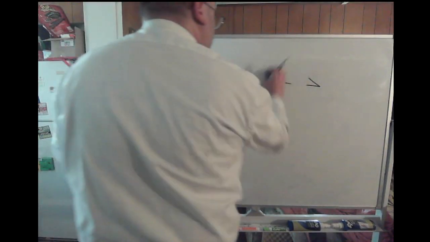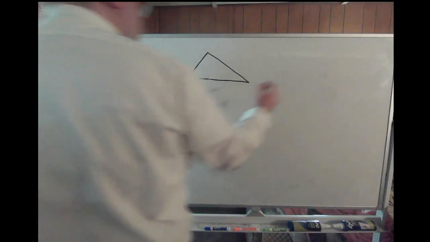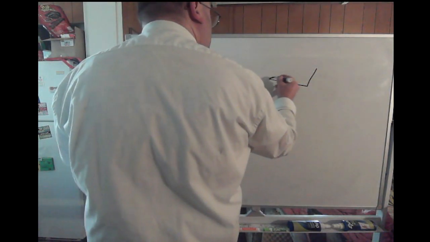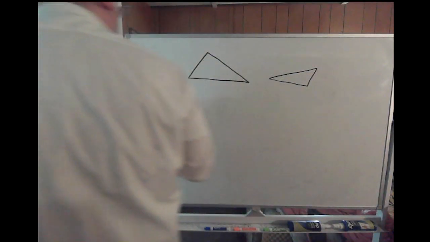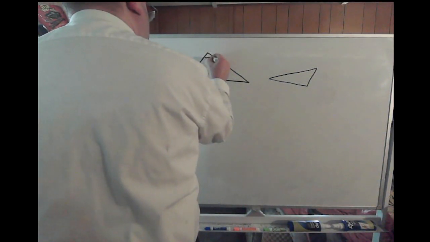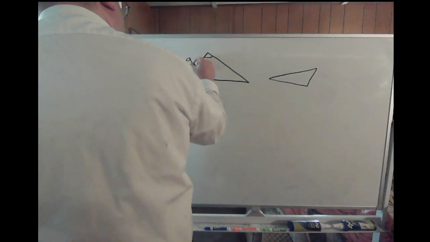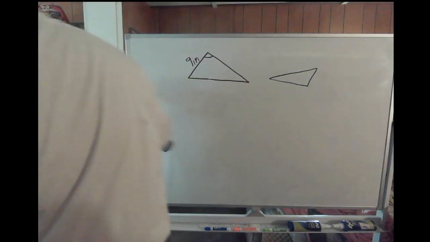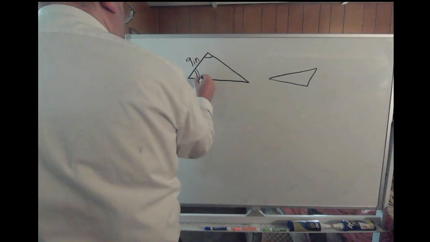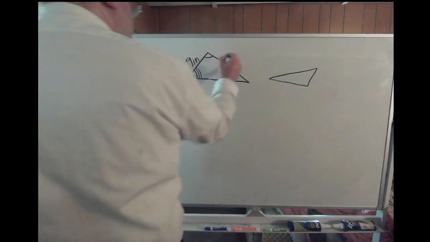Actually, let's draw the triangle how they have it. There we go. Alright, this is 9 inches. This one has 3 congruency markings. This is x inches.